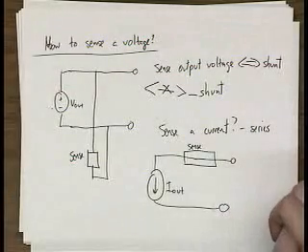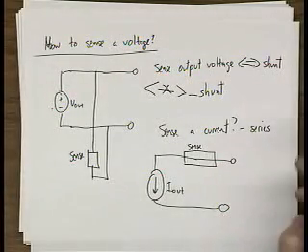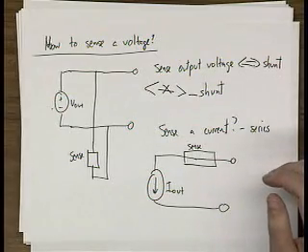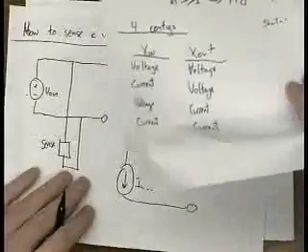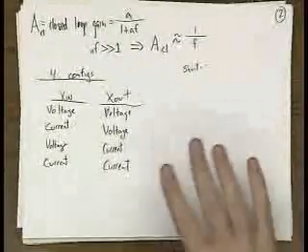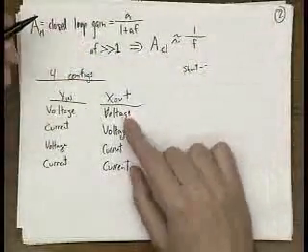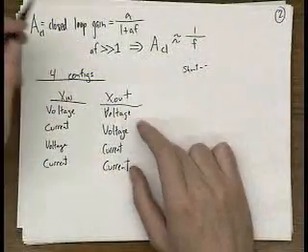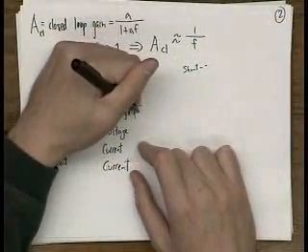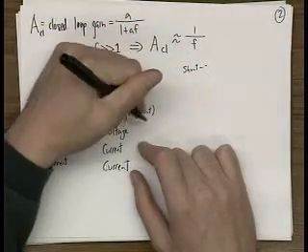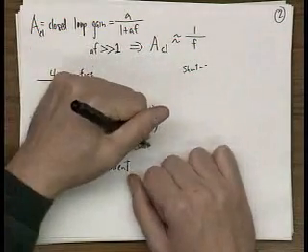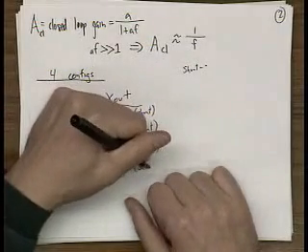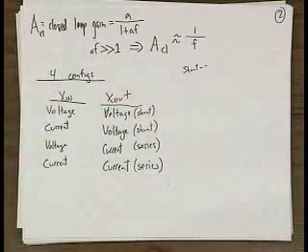Everyone understand what I'm showing here? So if you're sensing a voltage at the output, it's called a shunt network. So at the output, shunt is synonymous with voltage, and series is synonymous with current.